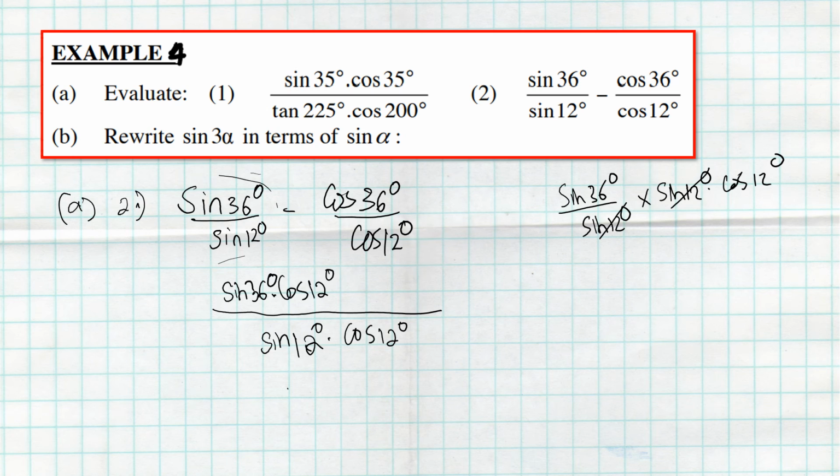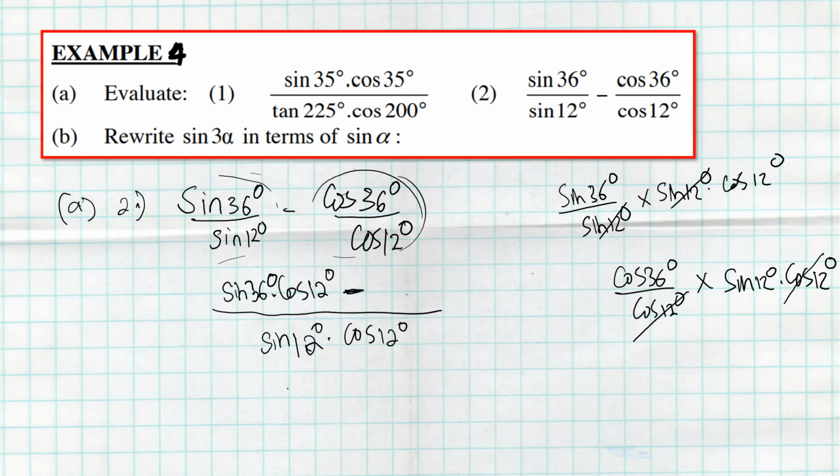Okay, I see this question is going to be interesting. Minus this side, I'm also going to multiply with my lowest common denominator to get the answer on top: cos 36 degrees over cos 12 degrees multiplied by sine 12 degrees multiplied by cos 12 degrees.